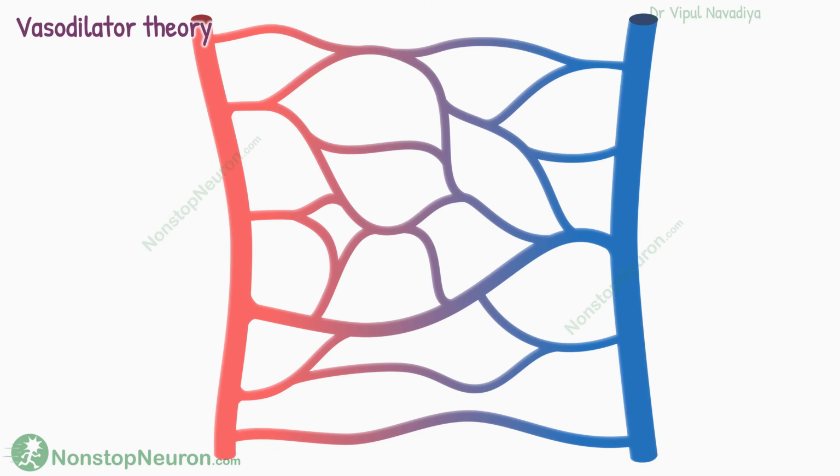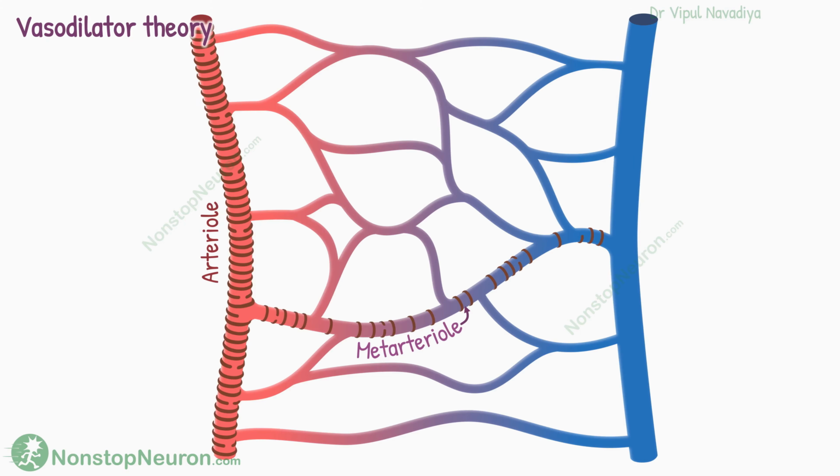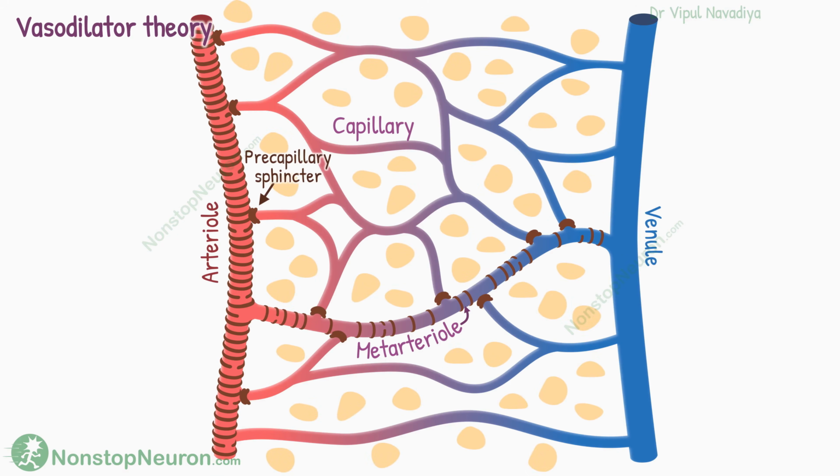The structures involved in microcirculation are arterioles, metarterioles, their smooth muscles, capillaries, precapillary sphincters, venules, and cells. To keep the visuals simple, we will focus on one cell and one capillary.